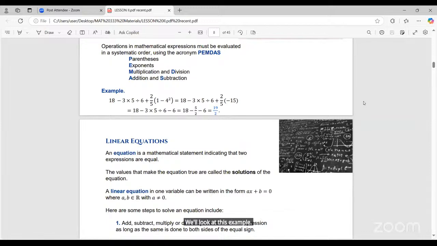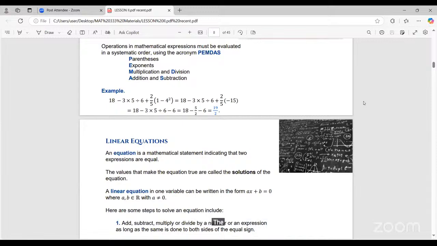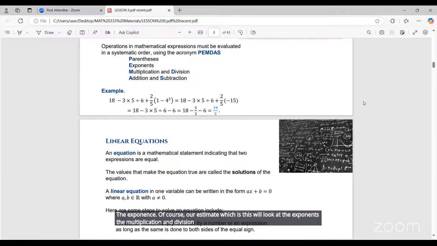How do we deal with this mathematical expression? We look at the parentheses, then the exponents, then multiplication and division, and addition and subtraction.